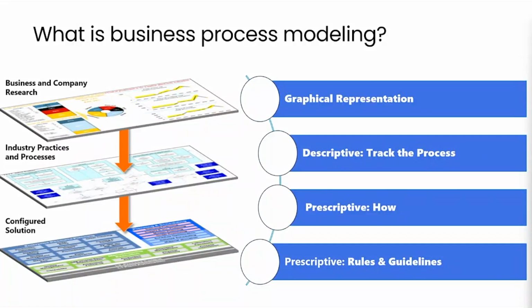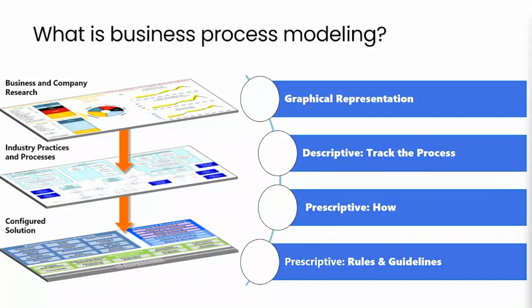But when we go through the process of business process modeling, we're creating descriptive details that help us track the process. So it's a type of documentation that helps us describe, usually visually, what the process looks like.